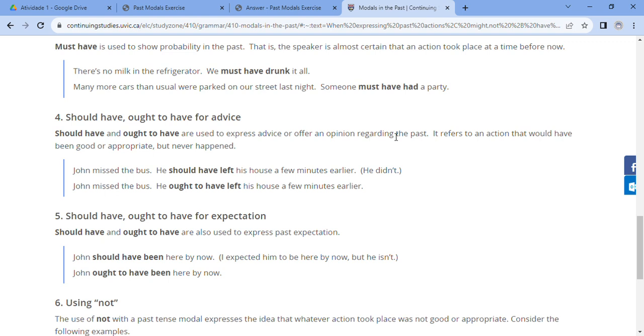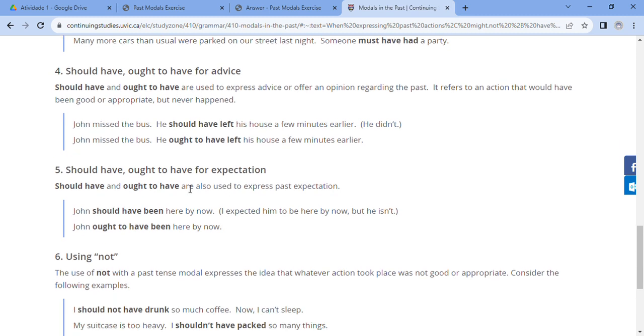It refers to an action that would have been good or appropriate but never happened. Okay, so you use it to give advice. And should have for expectation is also used to express past expectation.